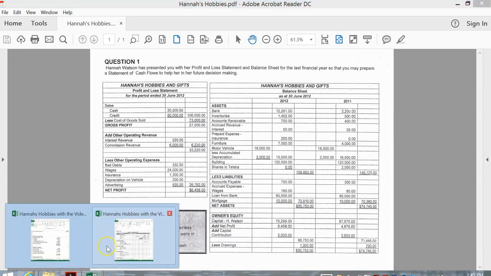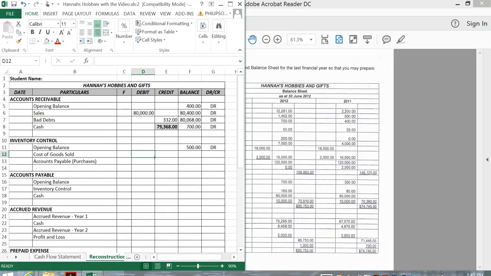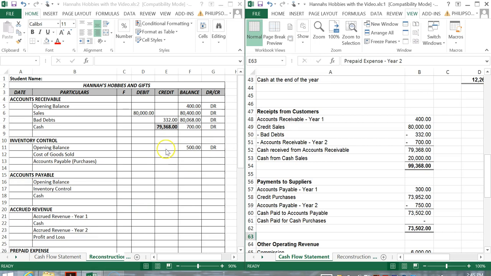So if we're working backwards, it's $73,000 credit. We're swinging now from $500 debit to a credit amount because of this credit here. So equals 73,000 minus 500 gives us 72,500.